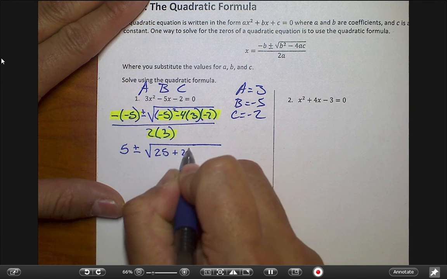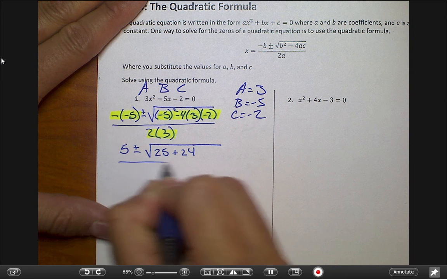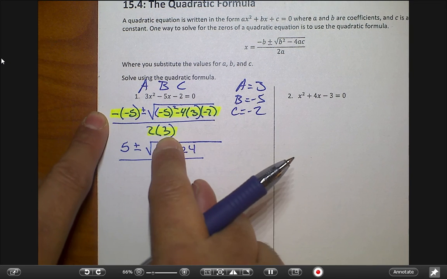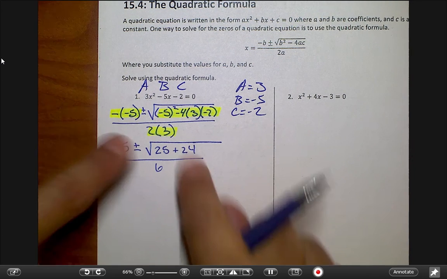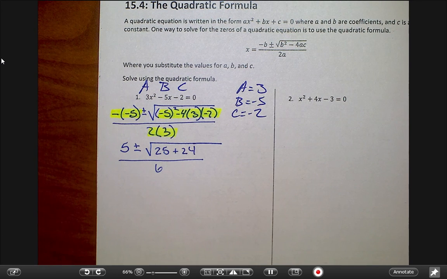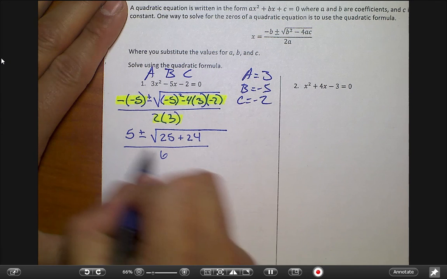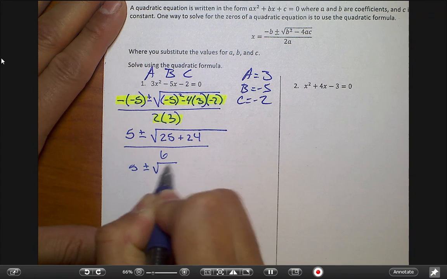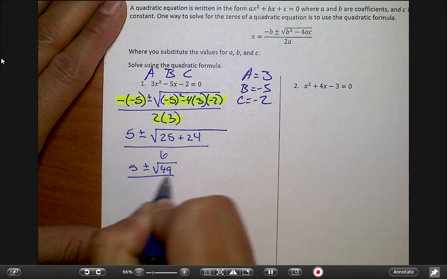Yep. 24, all over 6. Plug that in. Nope, not yet. No, we plugged each one of those in to get answers, right? Unless you didn't need 2 times 3 in your calculator. So, let's go ahead, combine. So it's 5 plus or minus square root of 49 over 6.